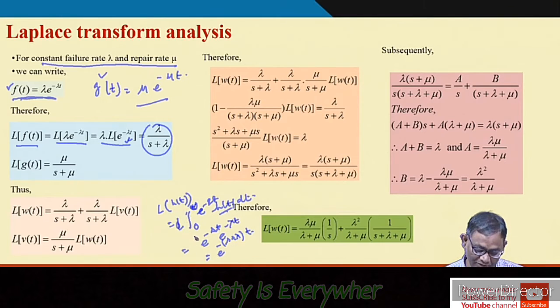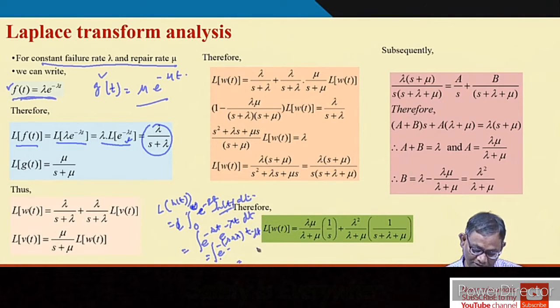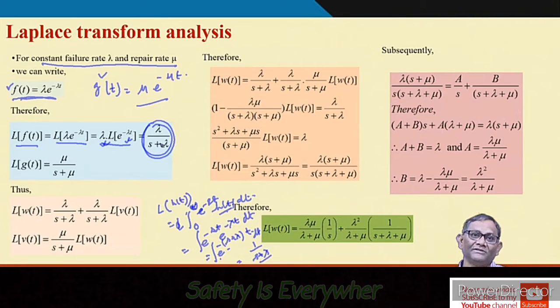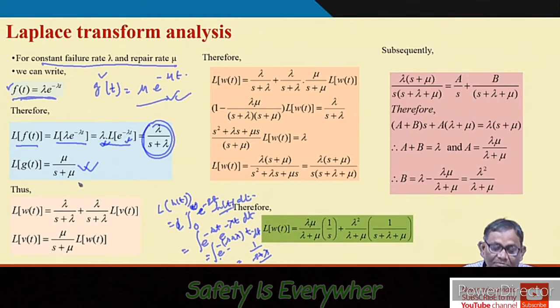Then, integrating this dt gives you 1 by s plus lambda, and the lambda is already there. So, it is lambda by s plus lambda. Similarly, if you do this for gt, it will give you mu by s plus mu. So, we got the Laplace of ft and the Laplace of gt.